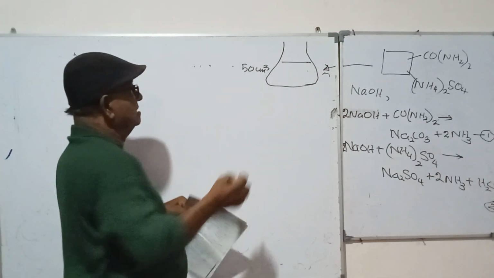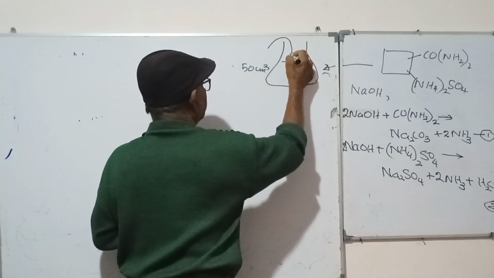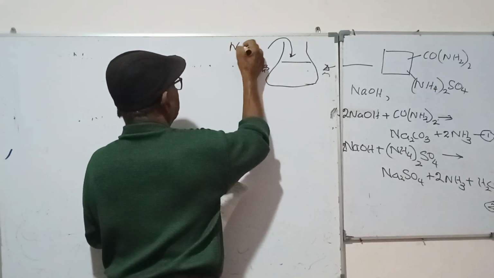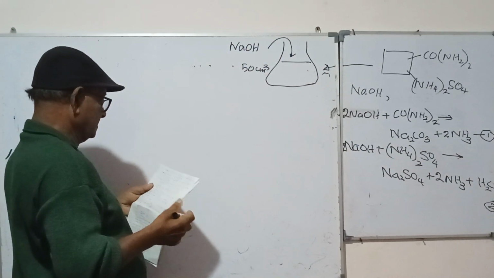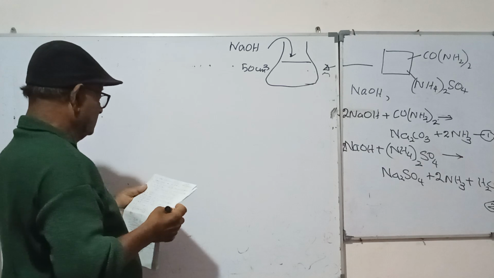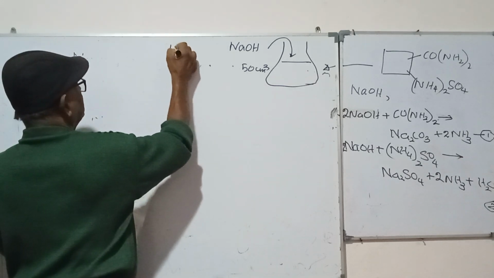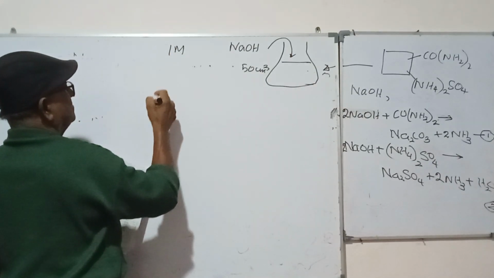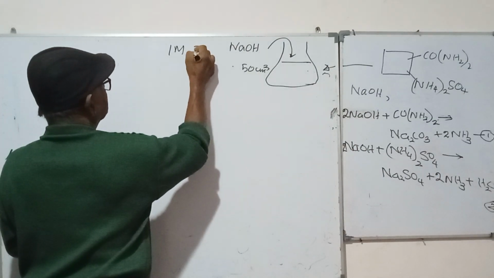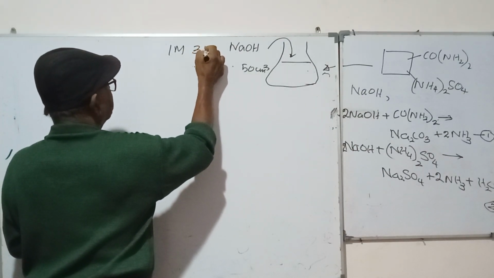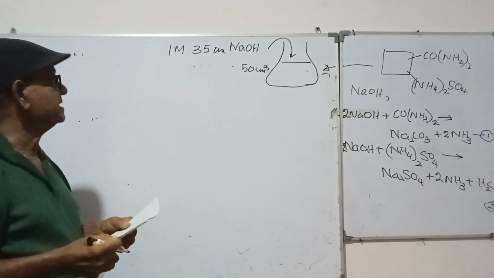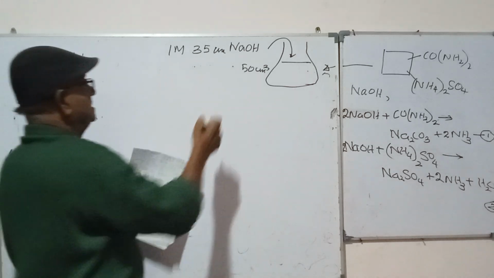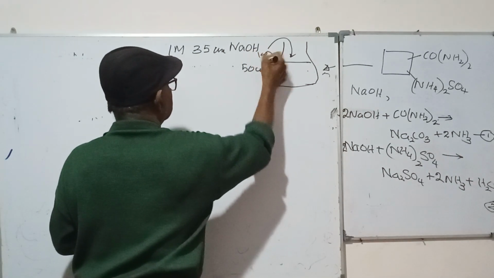So, add sodium hydroxide to this solution. How much? 1 M, 35 cubic centimeter. 1 M, 35 cubic centimeter NaOH was added to that 50 cubic centimeter.